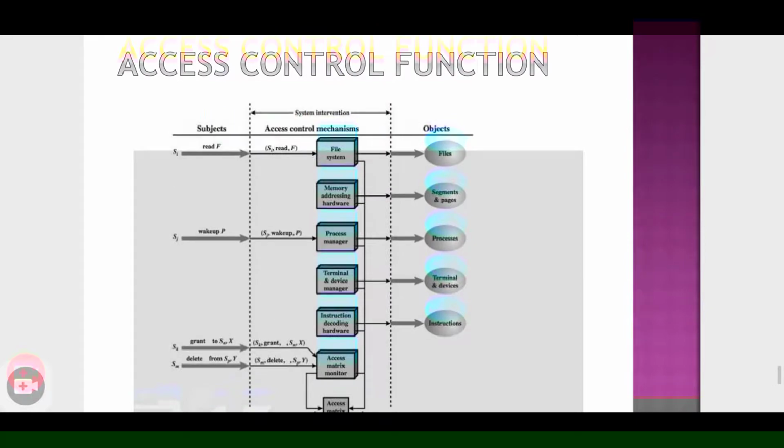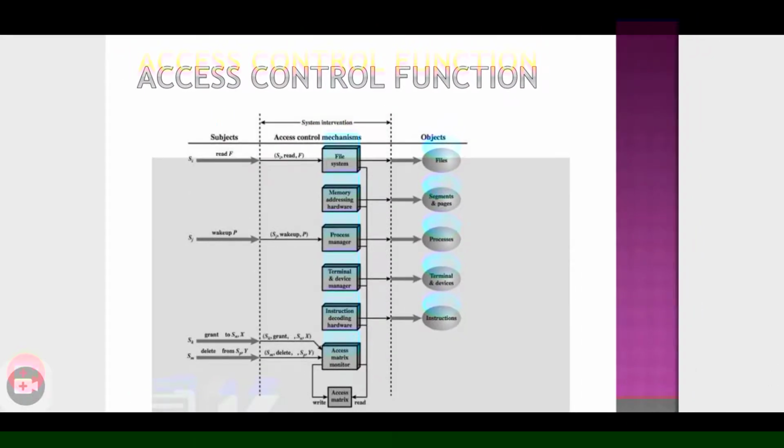Then what is the access control function? First you have subjects. If you are requesting a read operation on the file system, here you are checking the access control mechanism, whether that subject has the permission to read that file.